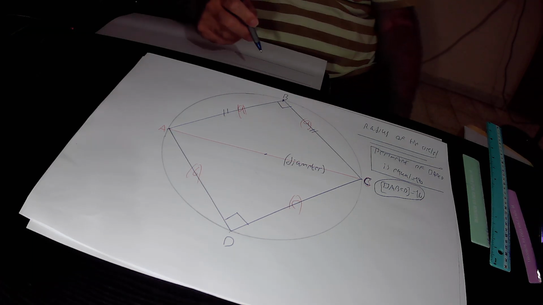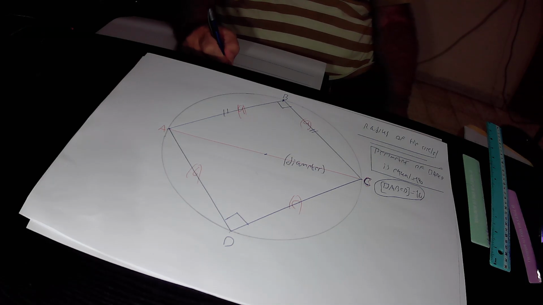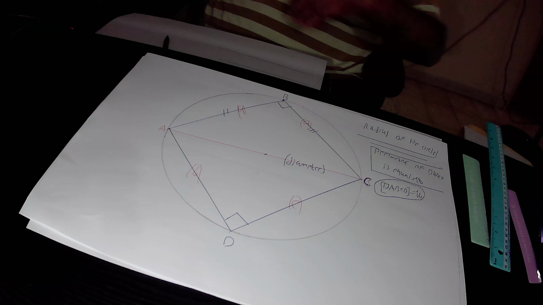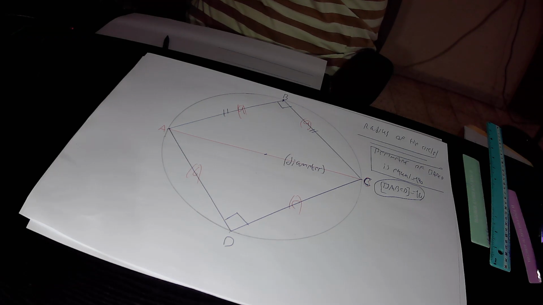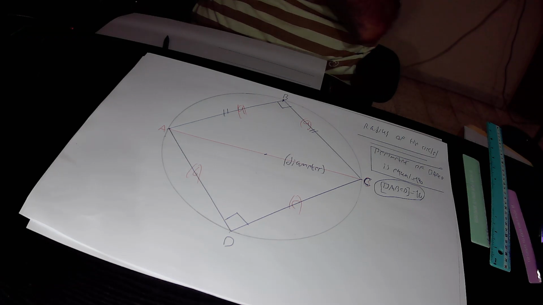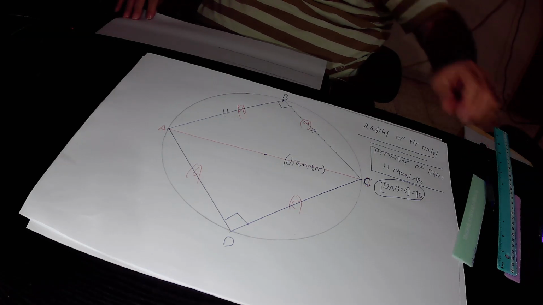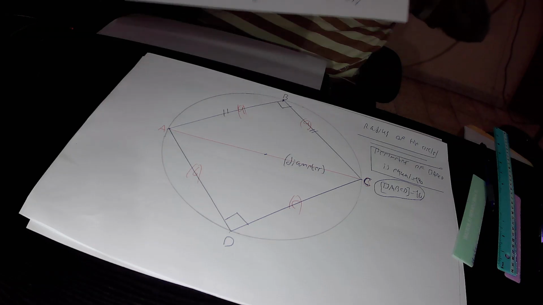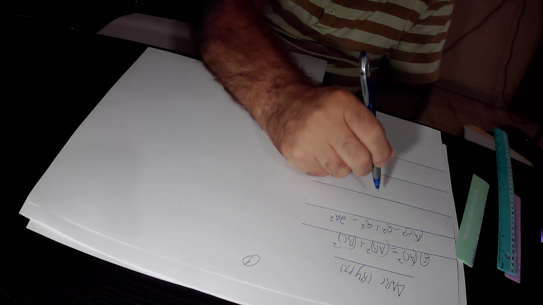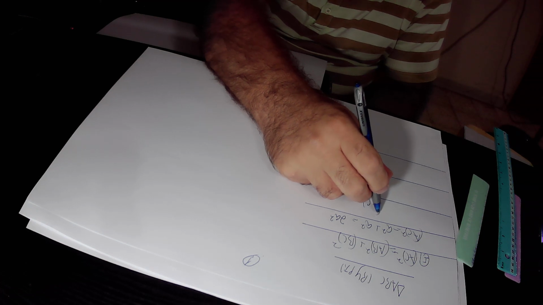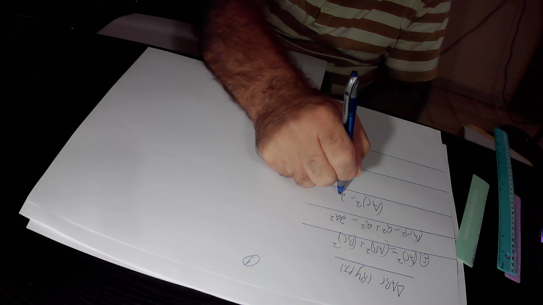BC is also a, so BC squared is a squared. So in total, we found out that AC squared equals a squared plus a squared, that is 2a squared. AC squared equals 2a squared, according to equation 1.